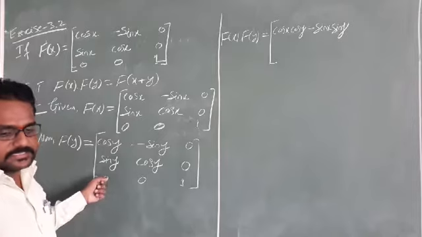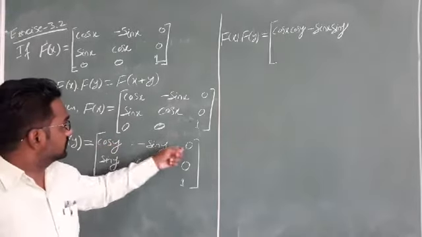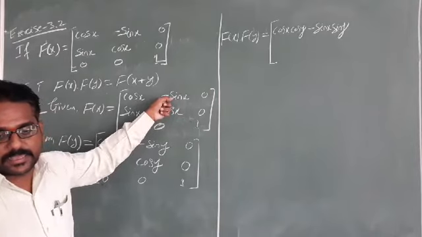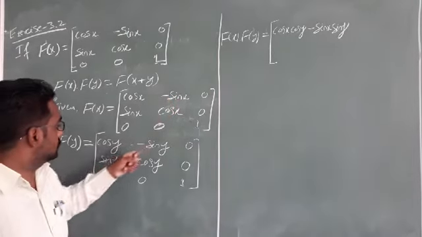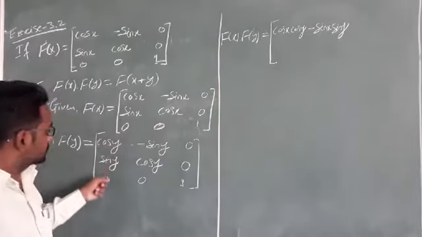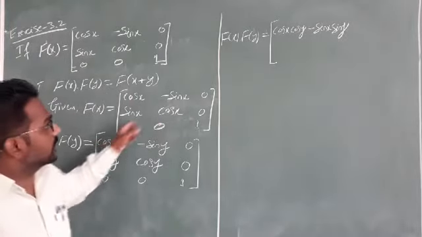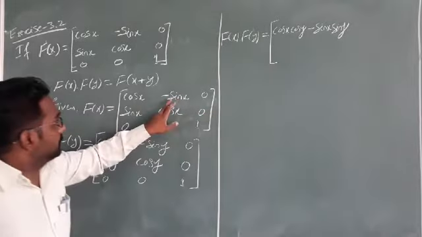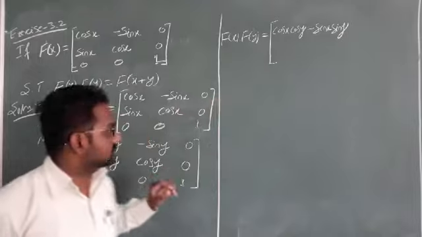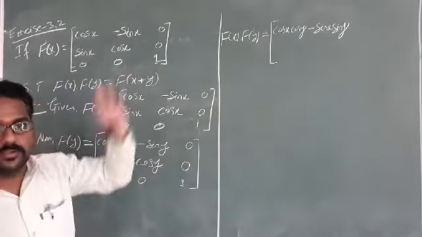Next, first row with second column, cos x into minus sin y, minus sin x into cos y.